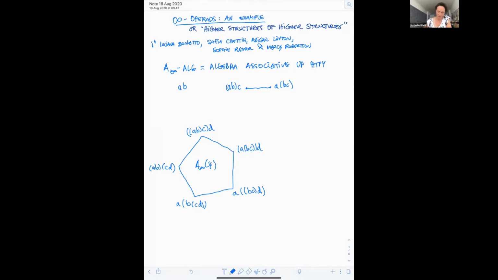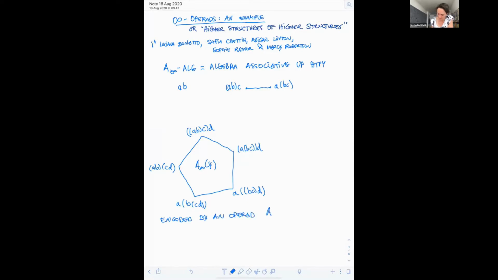So this structure is encoded by an operad, which is called A infinity.